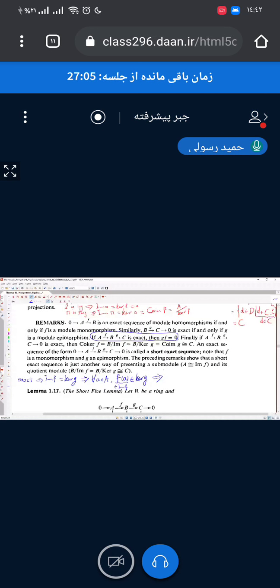But not conversely. If GF equals 0, we do not have that this sequence is exact. This is one direction. If this sequence is exact, GF equals 0.